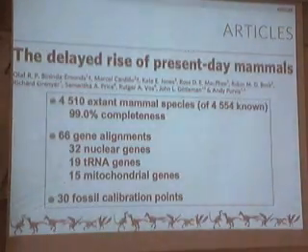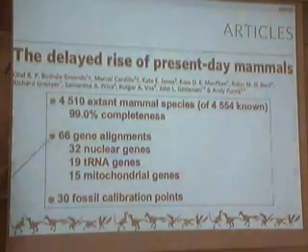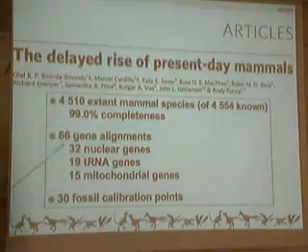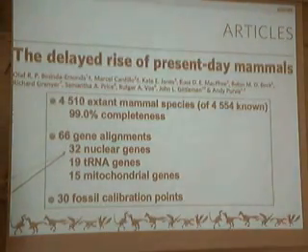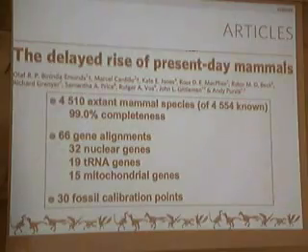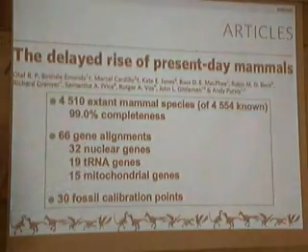And so what they used for the molecular alignment of sequences were 66 different genes among those mammals. And of the genes that they compared, 32 were nuclear. That means that 32 genes were on the chromosomes and were coding for proteins. 19 genes were tRNA genes.